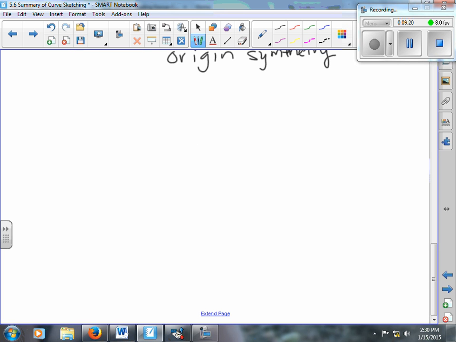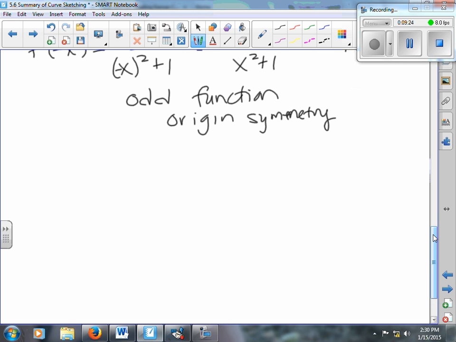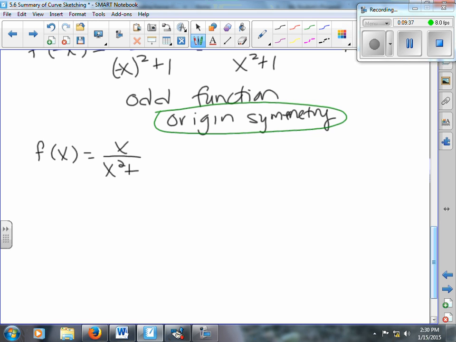Now let's talk about increasing, decreasing, maxes, and mins. And so to answer those questions, I work in the first derivative. I just want to highlight that so when I go back, I see it. All right, so let's work in the first derivative. I have a quotient, so in order to find the first derivative, I will do the quotient rule. The derivative of the top is 1. The bottom is x squared plus 1.